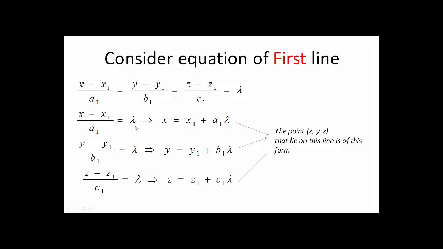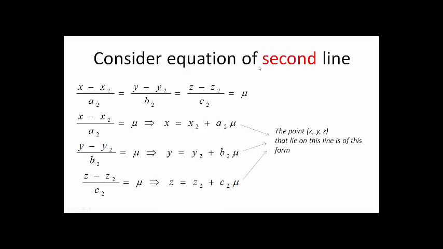When you equate the ratios, you will have x equal to x1 plus a1 lambda, y equal to y1 plus b1 lambda, and z equal to z1 plus c1 lambda. So this point x, y, z will lie on the first line and will be of this form: x1 plus a1 lambda, y1 plus b1 lambda, and z1 plus c1 lambda.